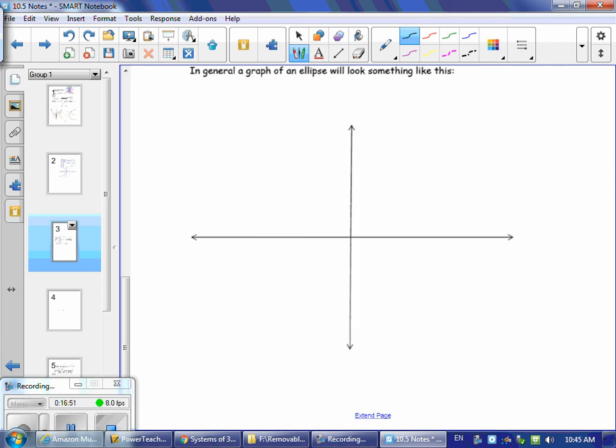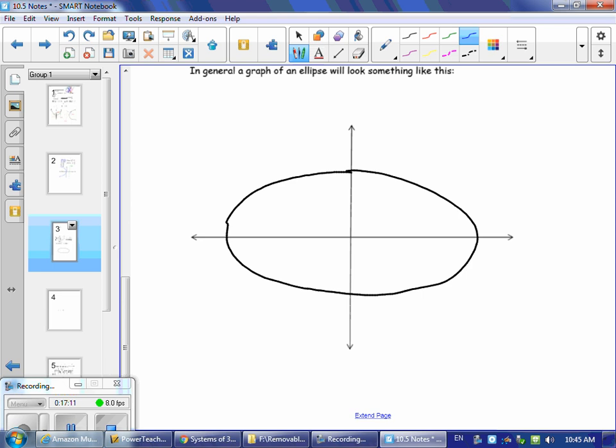Whoops. All right, let's see if I can do this. Not too bad. All right, so here's what we were talking about. The vertex, whoops.